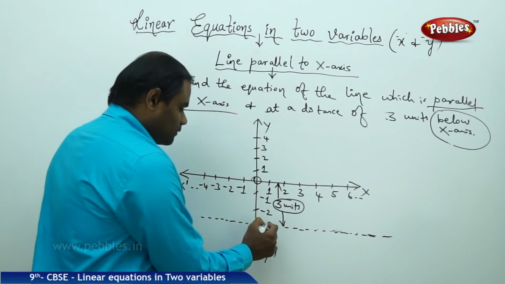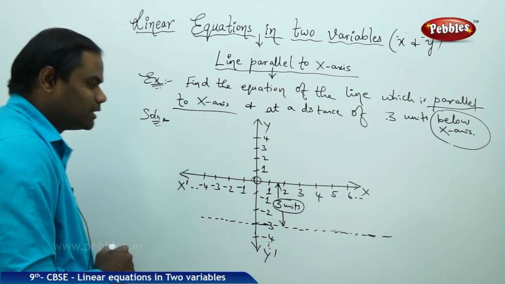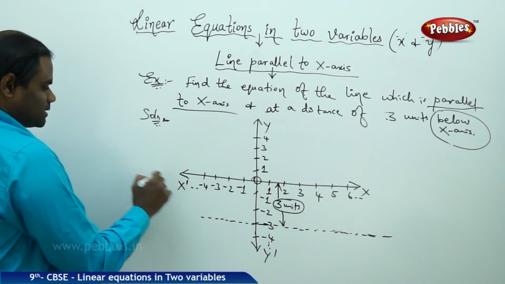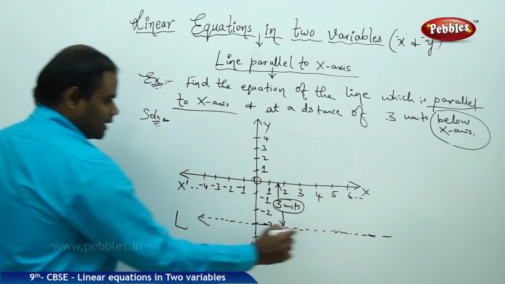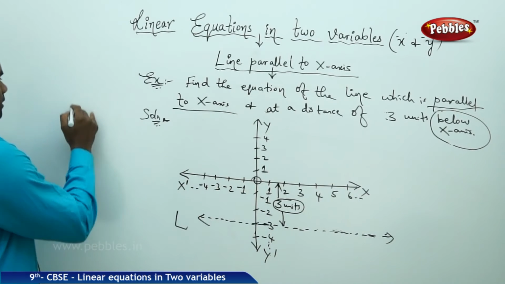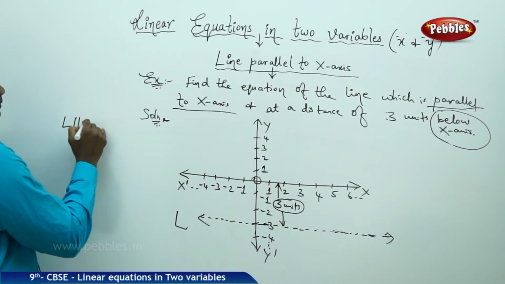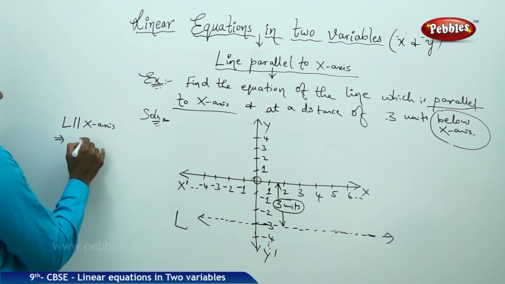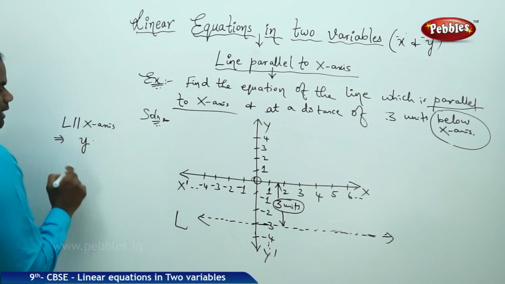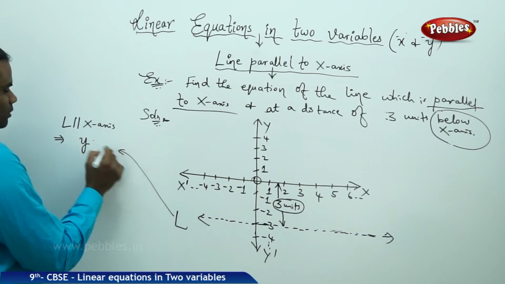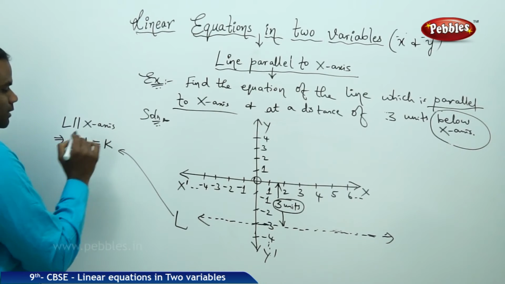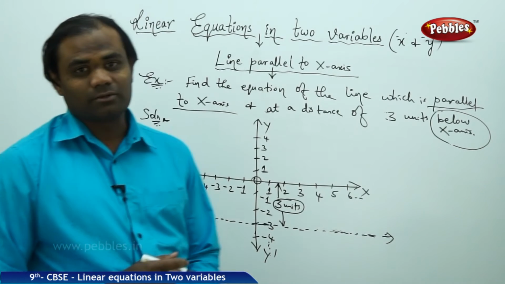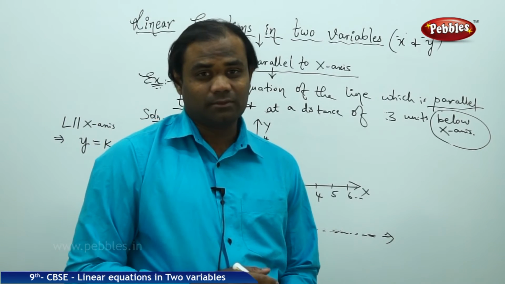Now, in order to find the line, we know that any line which is parallel to x-axis, say this is the line L. So L parallel to x-axis implies the line L can be expressed in the form y equals k, because any line parallel to x-axis is of the form y equals k.